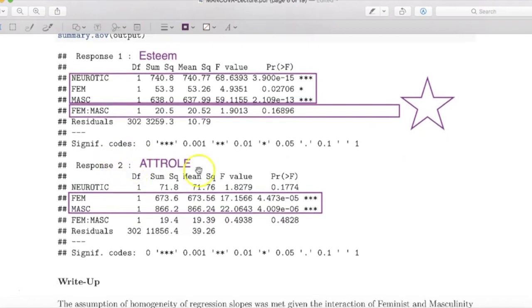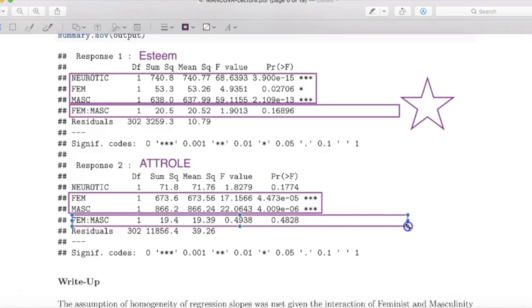Same over here for attitudes. Femininity and masculinity were significant. Neuroticism was not. But really what I'm looking at, because I'm checking the assumption of homogeneity of regression slope, is that the interaction between femininity and masculinity is not significant, and it's not.